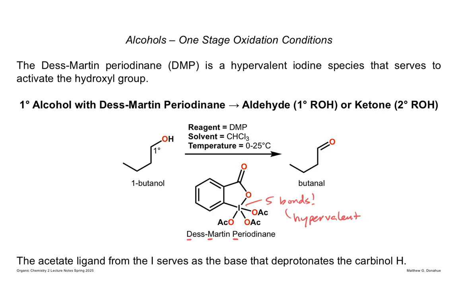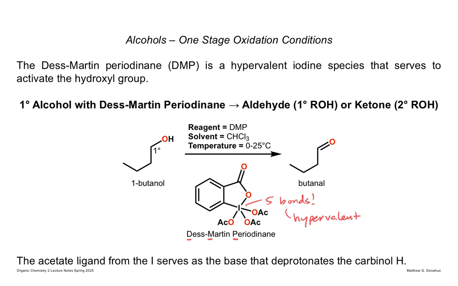And here's a Gen Chem question for you. An atom with 5 bonds is what geometry? Anybody? So it's trigonal bipyramidal.